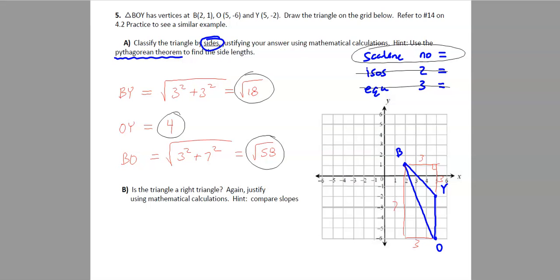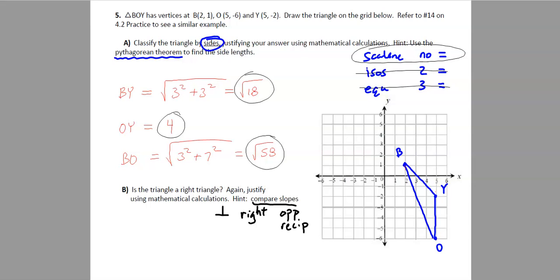Now, part B, is this a right triangle? Well, I could pretty much look at that and tell you that it's not a right triangle. So probably wasn't the greatest question for a right angle question. I should make it look at least somewhat close. But how you do these is you need to compare the slopes. And if it's a right angle, if it's 90 degrees or perpendicular, we basically need opposite reciprocals for slopes.